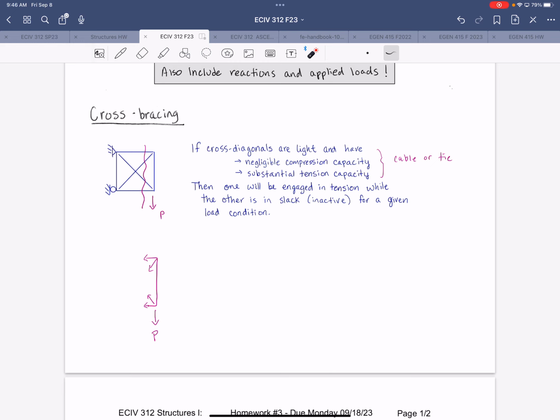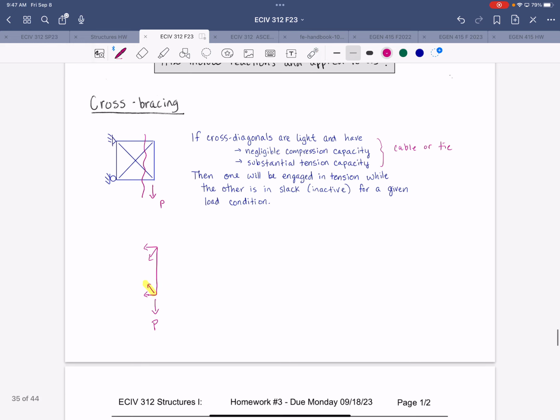The bottom one. Right, yeah, the bottom one, because it's the only force in this panel that has a vertical component to it. If you had another member, like if one of these members happened to be sloped in an upward manner, it's possible that both of these would be inactive, but that's not something that you'll encounter in this class.